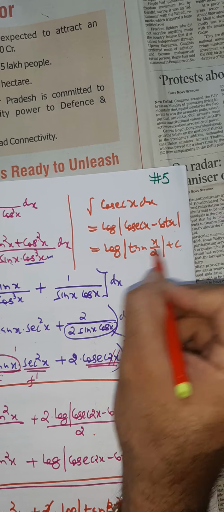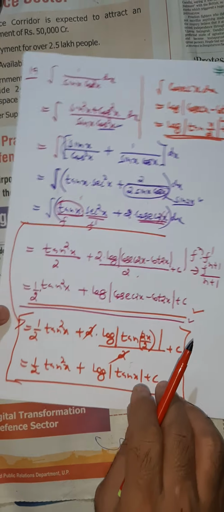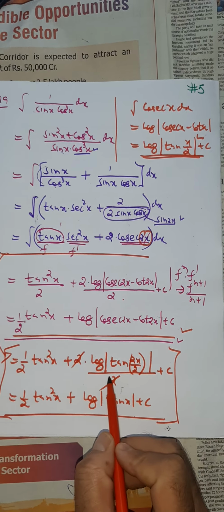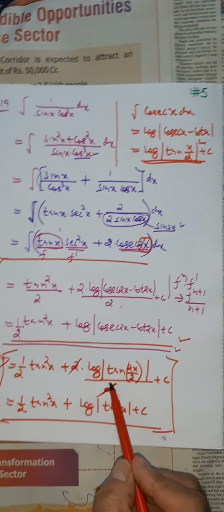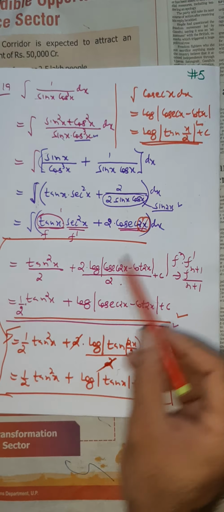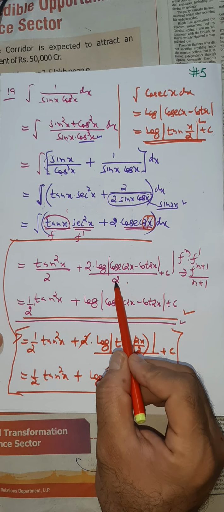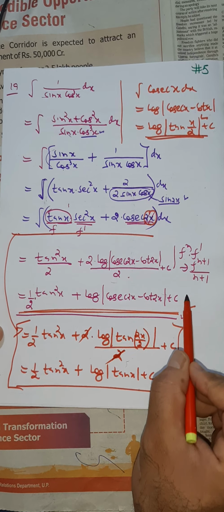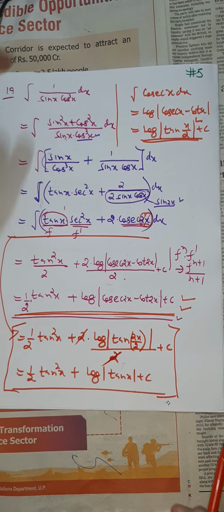So your backside answer is in this form, this angle by 2. What I did here, this angle by 2 and upon 2, that's because of the coefficient of x, this is a linear function. At this place I have used this formula, upon the coefficient of x. I'm just trying to tell you that whether you keep in this form or in this form, both are correct.